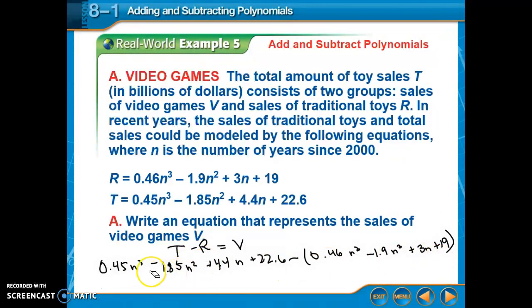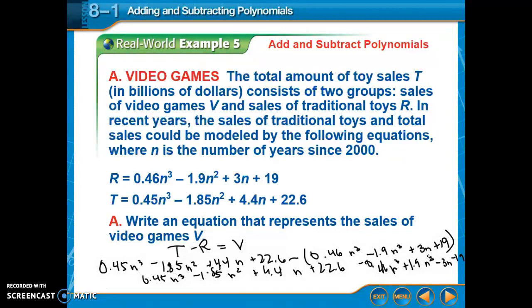So this is going to be 0.45 n cubed minus 1.85 n squared plus 4.4 n plus 22.6 minus 0.46 n cubed plus 1.9 n squared minus 3n and minus 19, combining like terms.